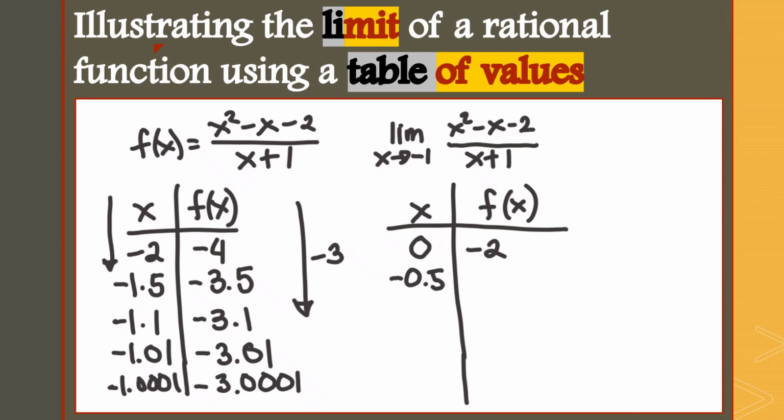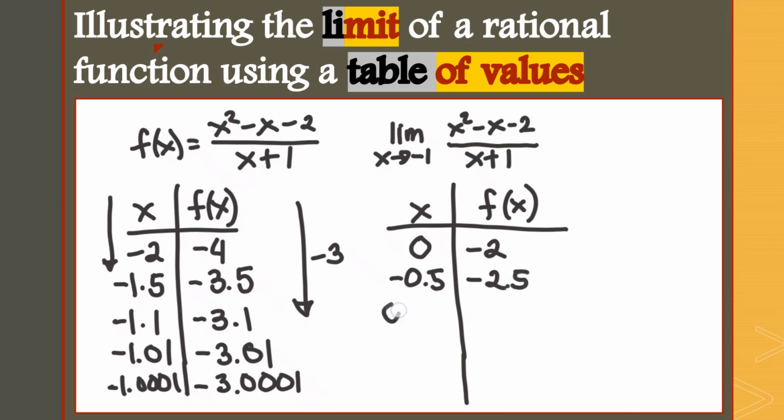You have 0.75, but you will have to subtract it with 2, so you have negative 1.25 for your numerator alone. Our denominator, we have negative 0.5 plus 1, that's 0.5. So we have negative 1.25 earlier, divided by 0.5, you will have here negative 2.5.